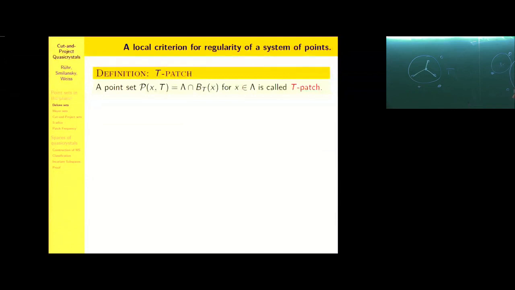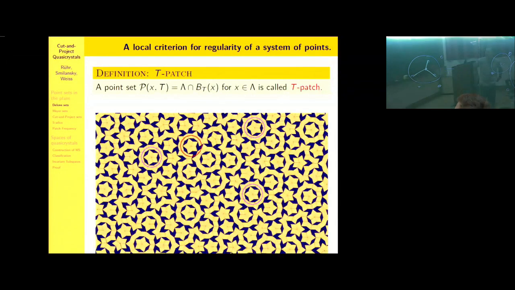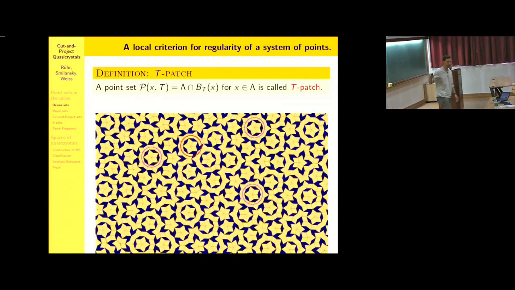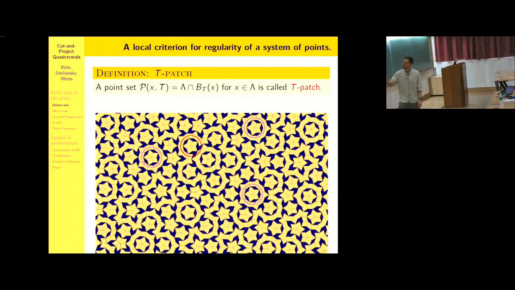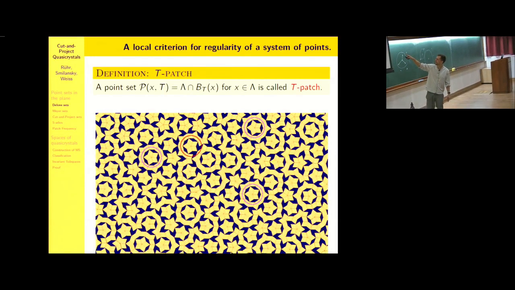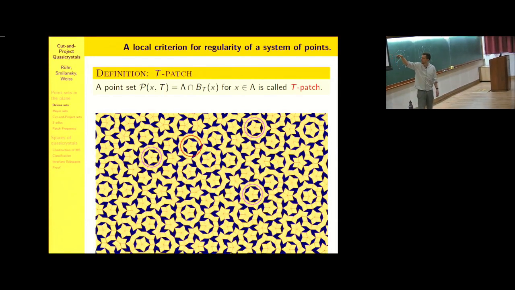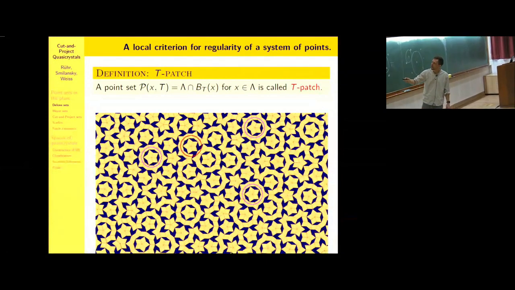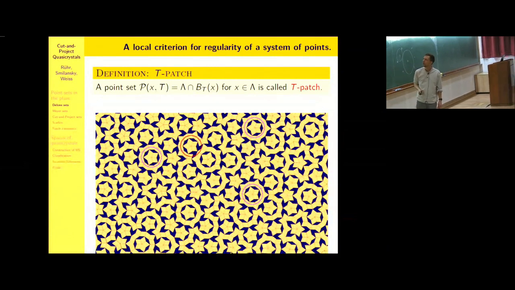We call these T patches. Here I try to find some T patches. There are two kinds here. First I have the purple one, and you may see that you can actually find more of the patches associated to the purple one, like here's another one.